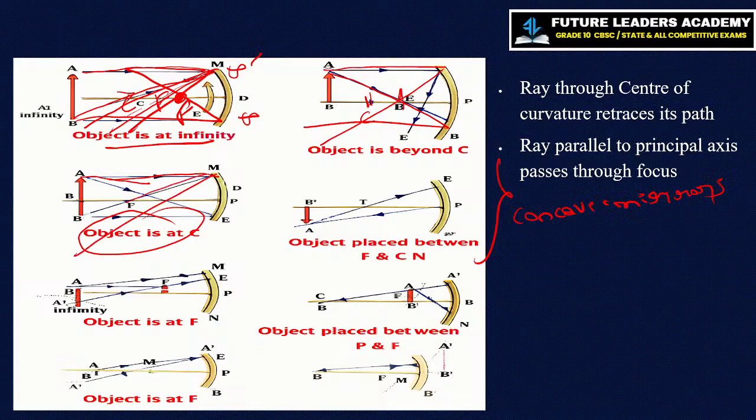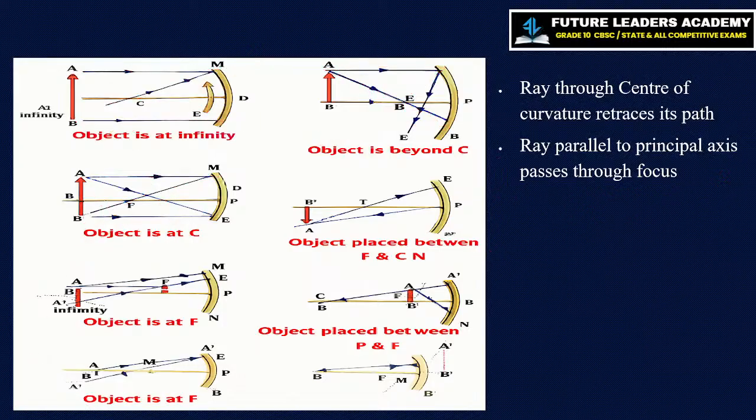So the ray passes through the focus, then goes parallel, then they join behind the C.